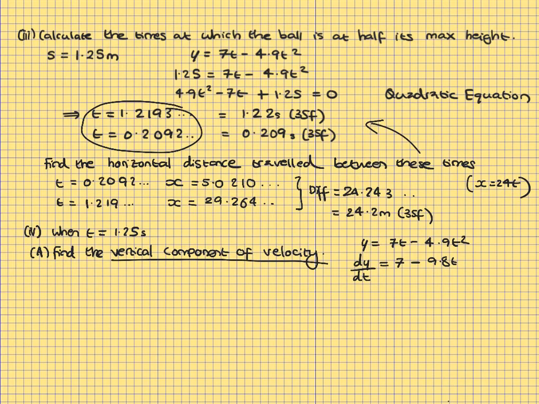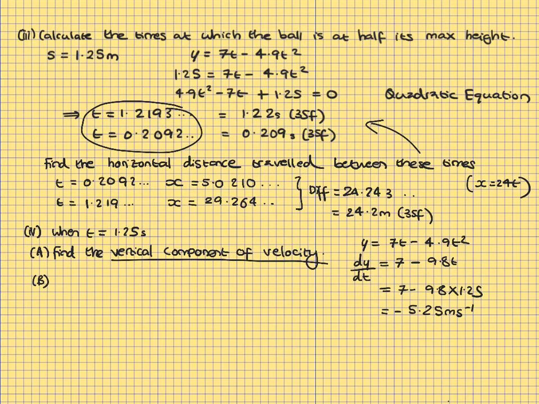So at t equals 1.25 seconds, we can evaluate this velocity by substituting in 1.25, which gives us an answer of negative 5.25 metres per second. The question actually asked for the vertical component of the velocity, so I'm going to leave it as its negative value. It's not asking for speed, it's asking for velocity.